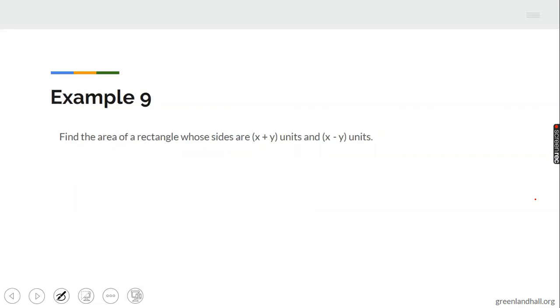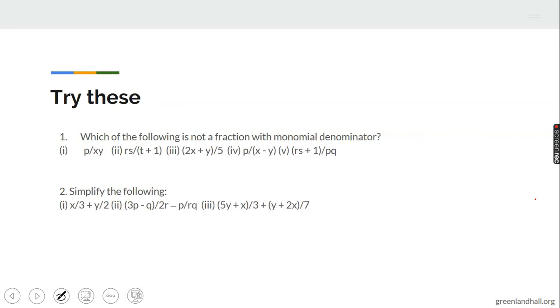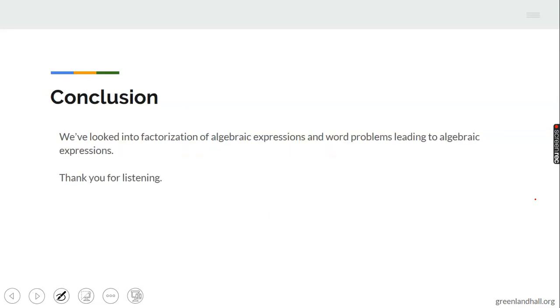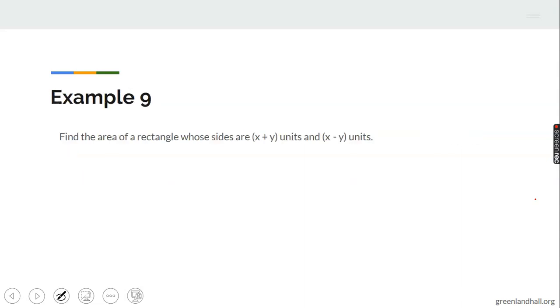Okay, so try this. I think we've come to the end of the class and we've done factorization of algebraic expressions. And the last thing is word problems leading to algebraic expressions.